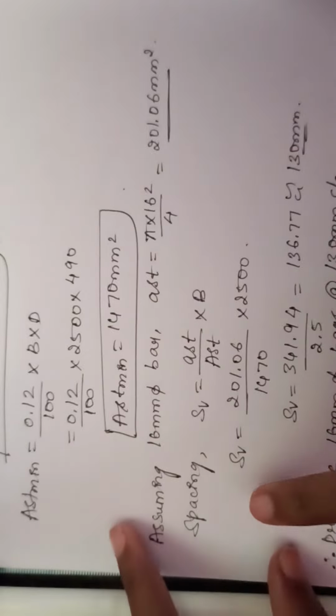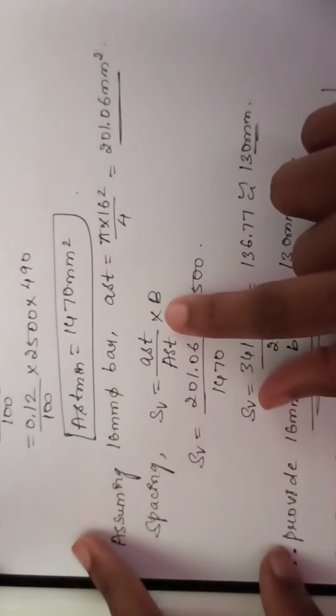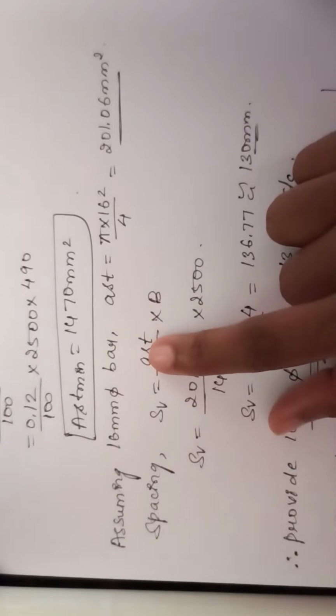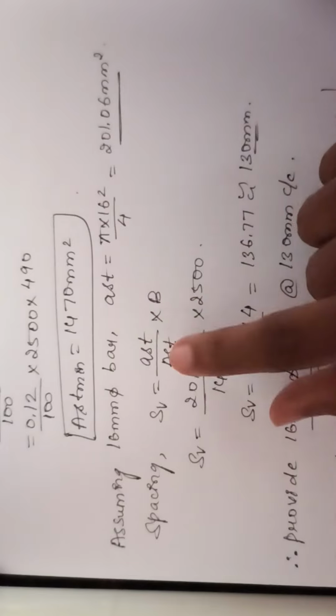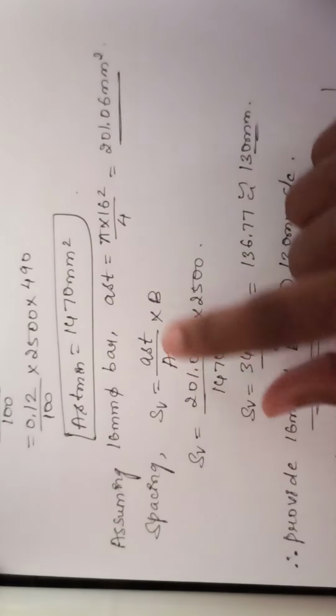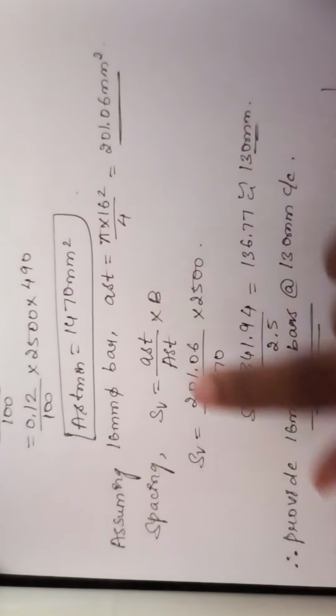Now let us find the spacing that has to be provided for the footing. From the formula, Sv is equal to small Ast by capital Ast into capital B, where small Ast gives you the area of one bar, capital Ast gives you the total area which is required for the footing, and B represents here the width of the footing.